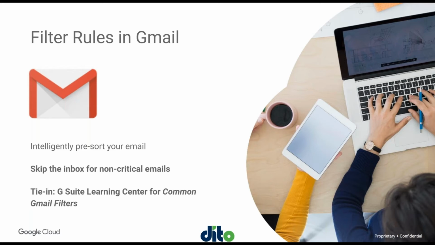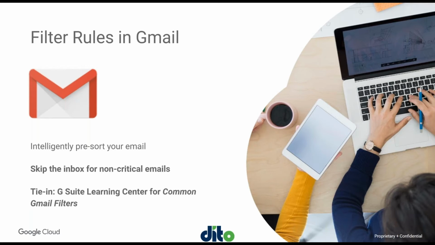This is basically an email handling rule that you create as the user that can tell your email if it meets some certain criteria, we should automatically handle it. So the idea here is to intelligently pre-sort your email as it comes in. You can skip the inbox for non-critical emails, drop them into a label or folder that is more effective for triaging that particular action item.